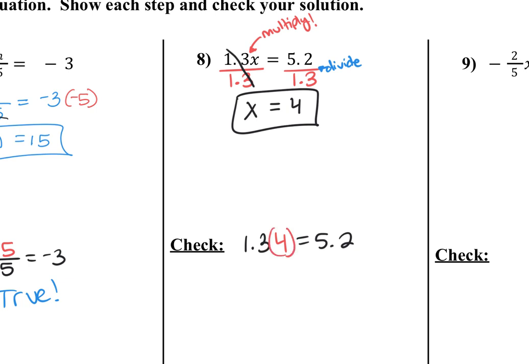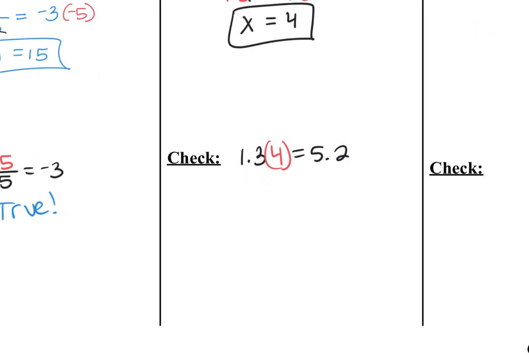So sometimes when you have to substitute a number in for a letter, you may need to include parentheses around it to have it make sense and still match the problem from before. If we didn't have those parentheses, it looked like it was just 1.34, which was not correct. Now that we fixed it, we have 1.3 times 4, and that does in fact give us 5.2.